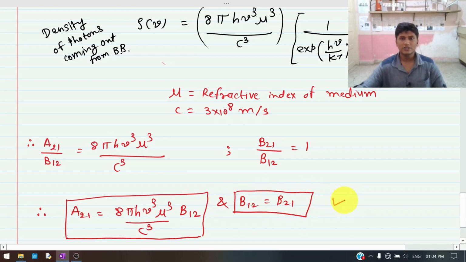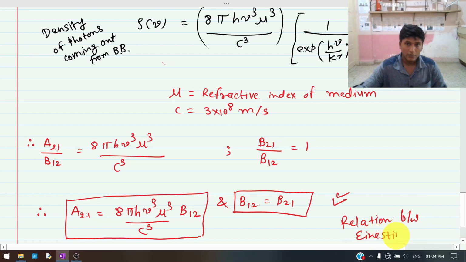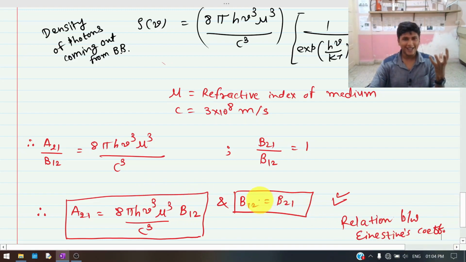These two equations are called the relations between Einstein's coefficients, because A12 was Einstein's coefficient, this was Einstein's coefficient, this was Einstein's coefficient, and this was Einstein's coefficient. So this relation is called the relation between Einstein's coefficients. These two are called the relations between Einstein's coefficients.